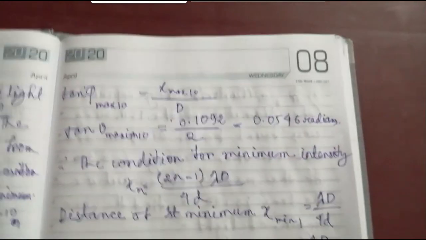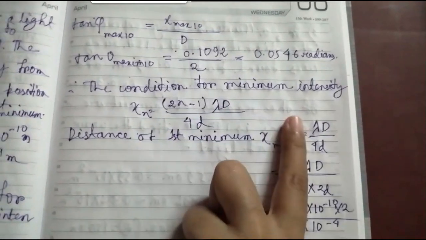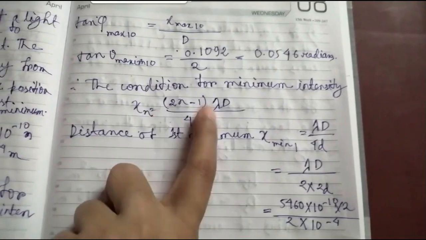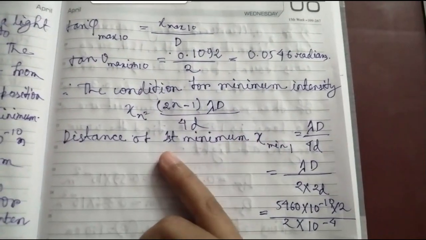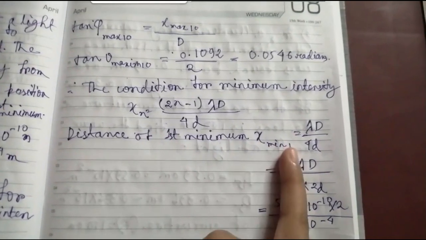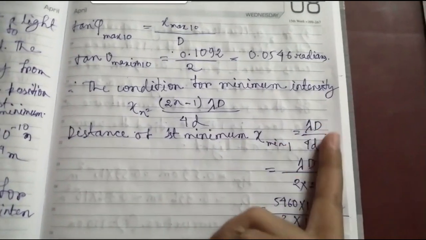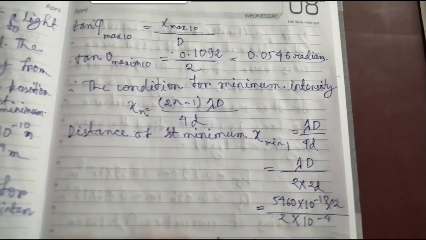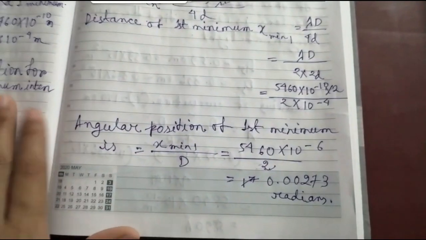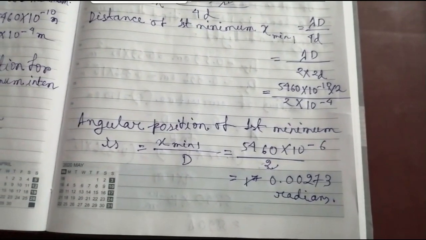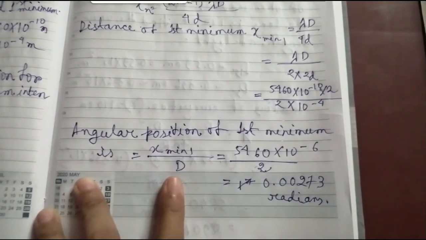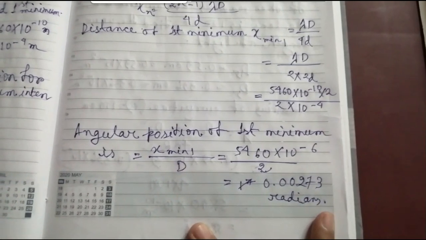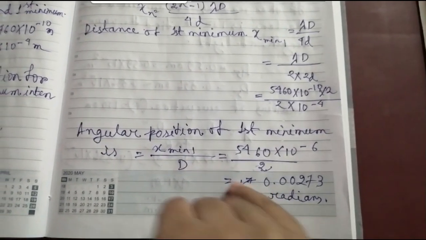Finally, this is the condition for minima, 2n minus 1, means odd multiple, lambda capital D by 4 small d. So the distance x minimum 1 equal to lambda capital D by 4 small d. So finally we are getting the angular position of the first minimum as x minimum 1 by capital D.